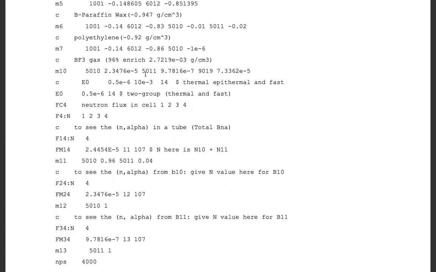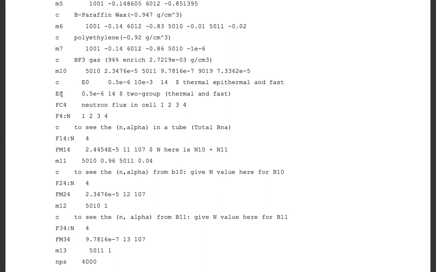I'd seen these in the lab where I worked before, so I know that a B(n,alpha) reaction is going to take place. So this is the B-10, this is the B-11 atomic density, this is the fluorine.